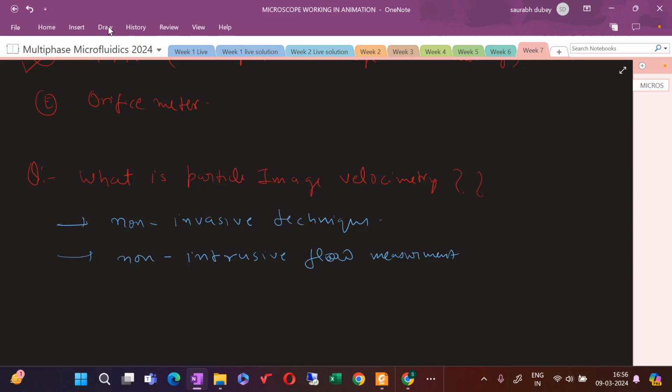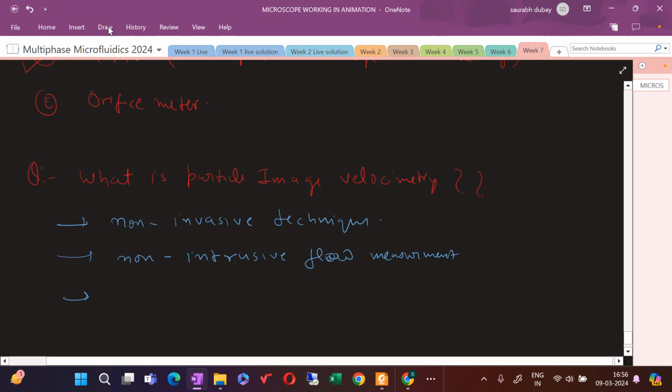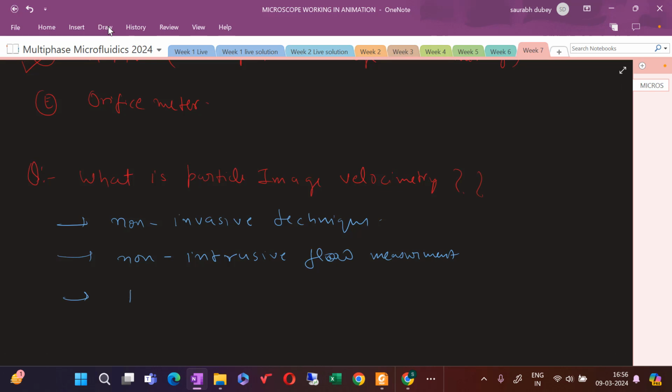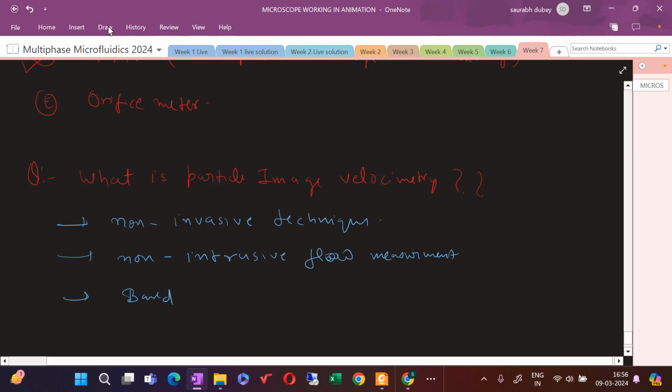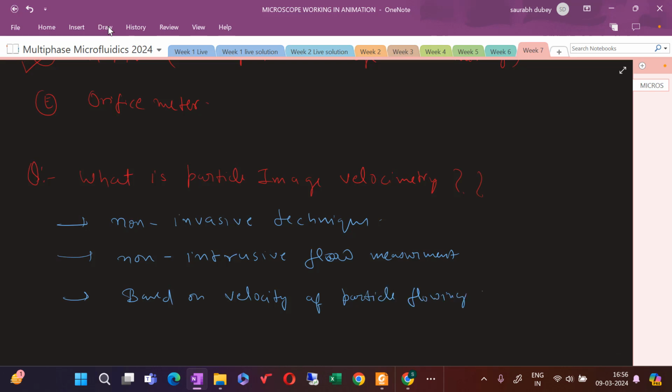Then, it is based on the velocity of particles flowing through the fluid.